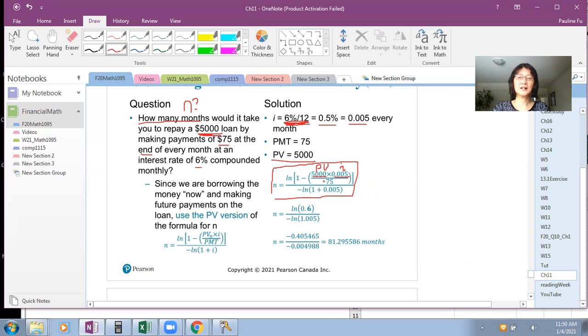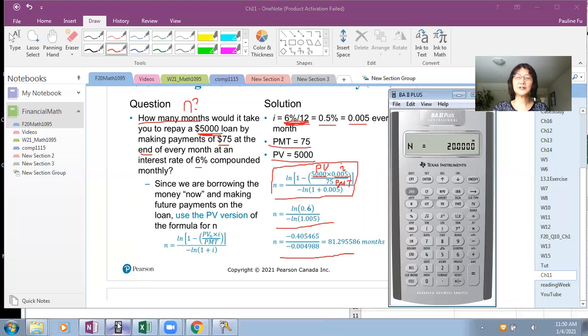Over 75 is PMT. Every month you deposit $75. Okay, so do a little bit of calculation. You come up with N equal to 81.29 months. This is the formula method.